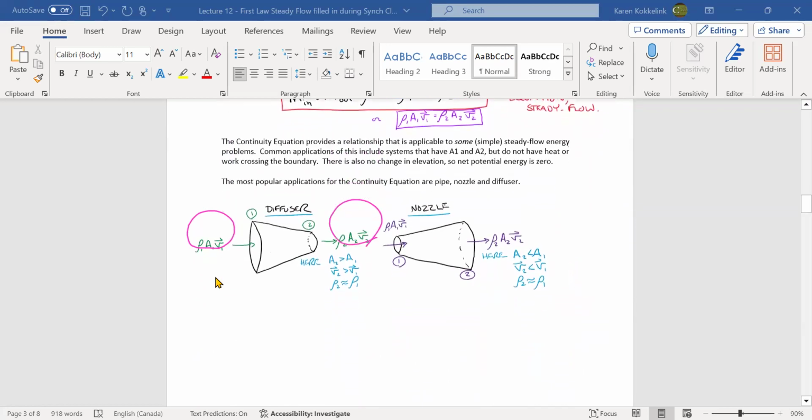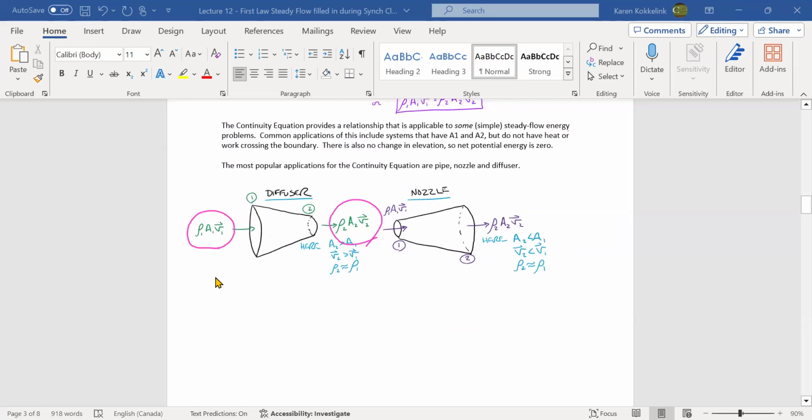And the flow coming in is area times velocity, Q equals AV. And that is one of our basic equations. Q1 equals A1V1, and Q2 equals A2V2.